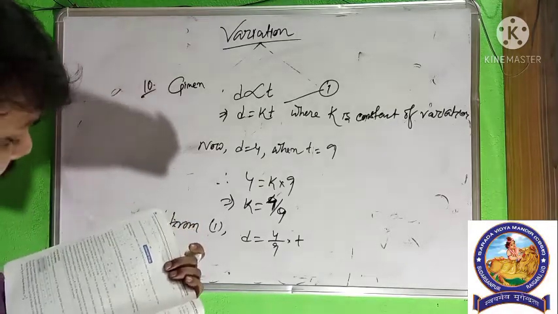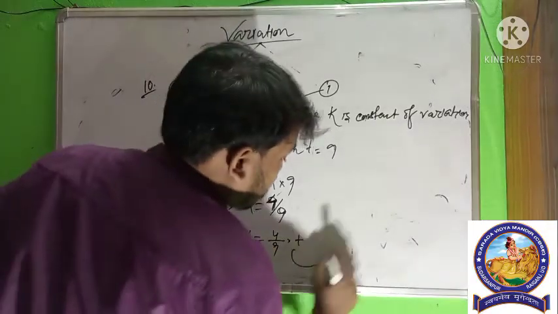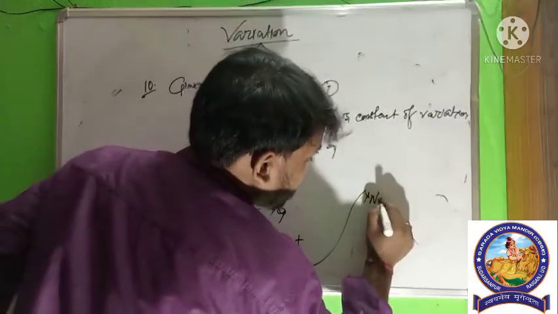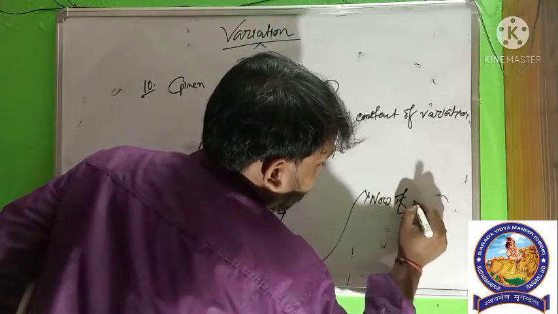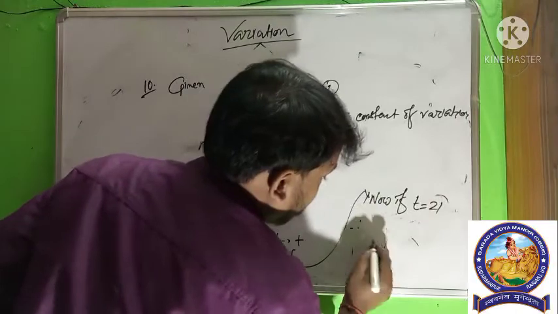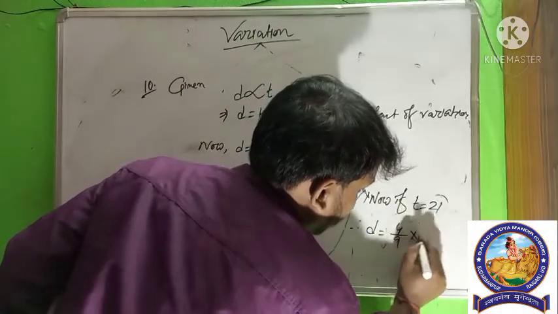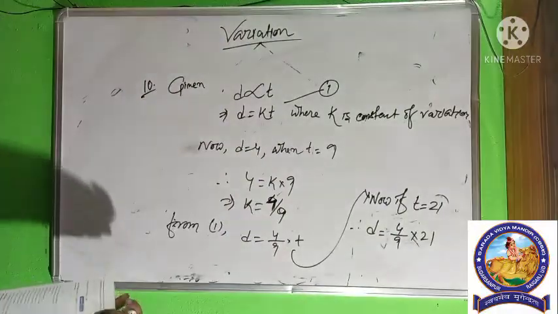Now the question is to find d when t equals 21. Therefore d equals 4 by 9 into 21. It is the required value.